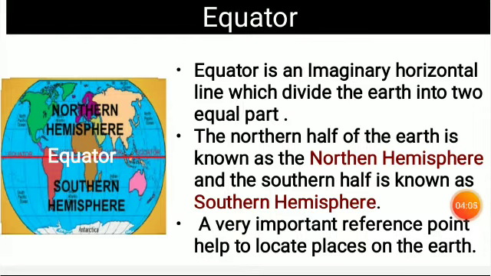The northern half of the earth is known as the northern hemisphere and the southern half is known as the southern hemisphere. It is a very important reference line to help locate places on the earth.